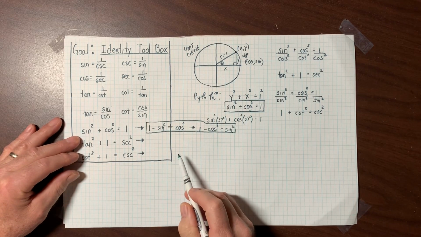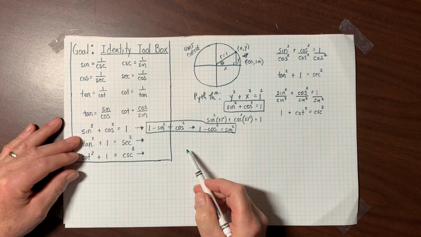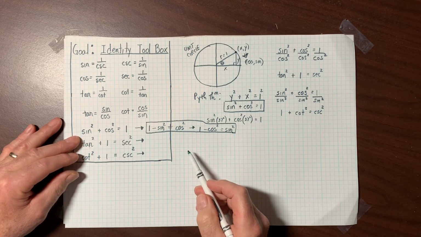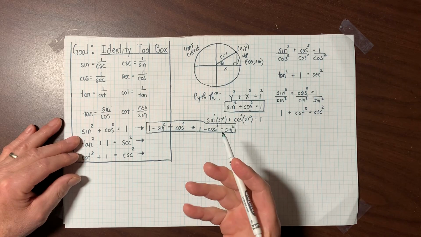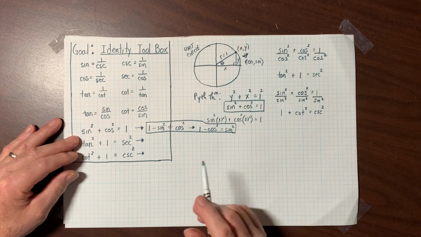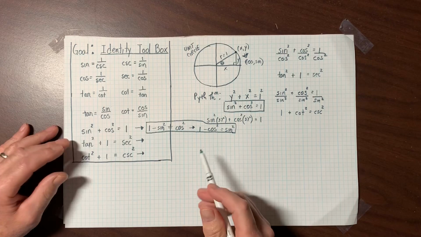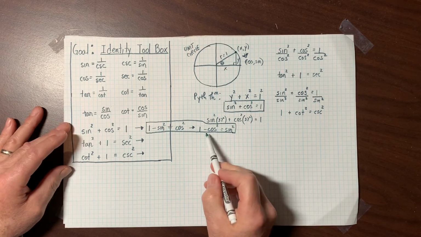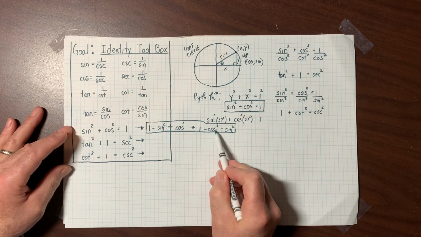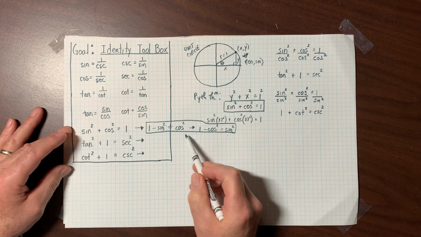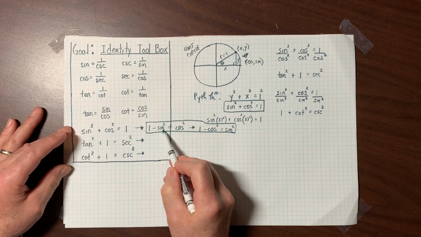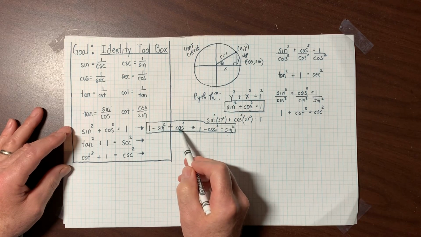So if you're going to be solving some sort of an identity proof or a problem where you're simplifying an expression and you're going to be substituting, you could, for example, substitute 1 minus cosine squared for sine squared. Or you could substitute 1 minus sine squared for cosine squared.